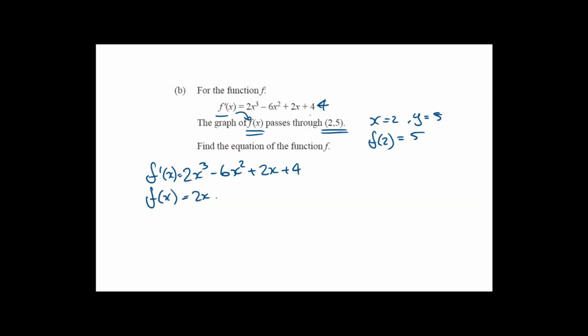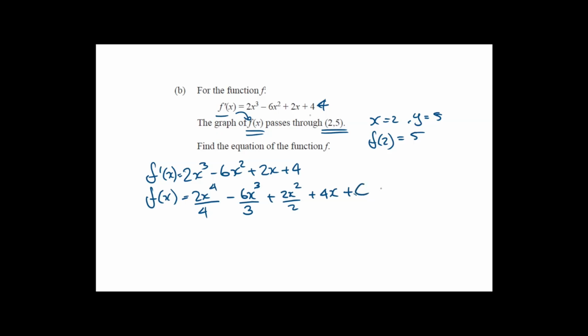So the 2x stays there, it gets a power, we have to divide by that power. The negative 6x stays there, we gain a power, and we have to divide by that power. The 2x stays there, we gain a power, we have to divide by that power. The 4 stays there, we get an x, divide by 1 as well, but we also need to add the c.